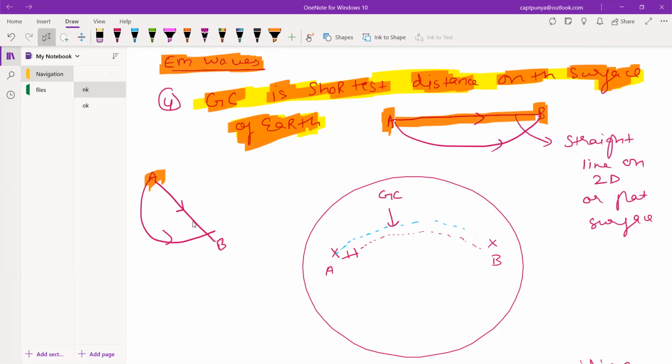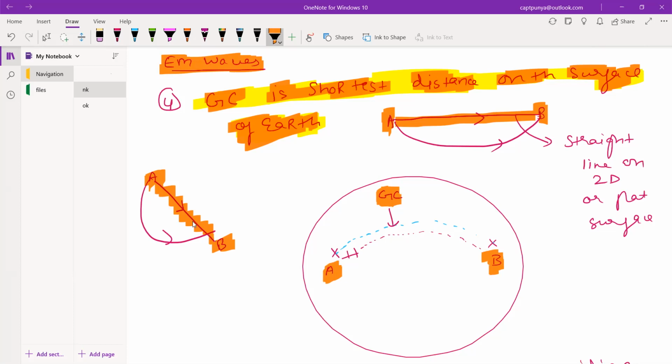But the earth is circular. So if we want to go from point A to point B, the shortest distance will be to follow the great circle. And there will be one great circle for sure which is passing through point A and point B.